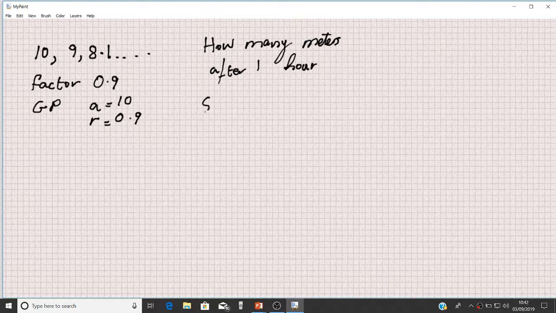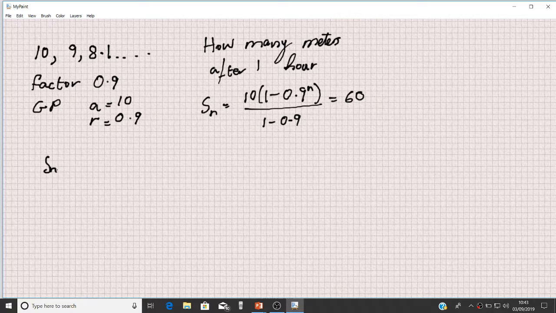So what we're looking at is Sn, and we know Sn is a times 1 minus r, which is 0.9, raised to the unknown value n, all over 1 minus r. We'll set that equal to 60 and solve for n. So I'm going to simplify Sn: we've 10 divided by 1 minus 0.9, which actually simplifies down to 100.